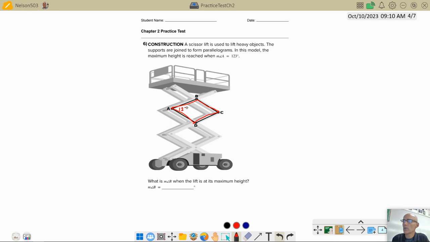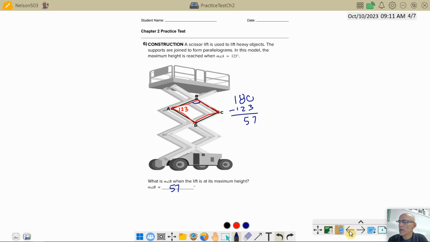And it says right here, it's the most extended, highest the lift could go, right? And it wants us to figure out what B is. So consecutive angles in a parallelogram, this one and this one down here, are supplementary. So I'm going to go 180 minus 123, and I end up with 57, I think, for that. So this should be 57 degrees right there.